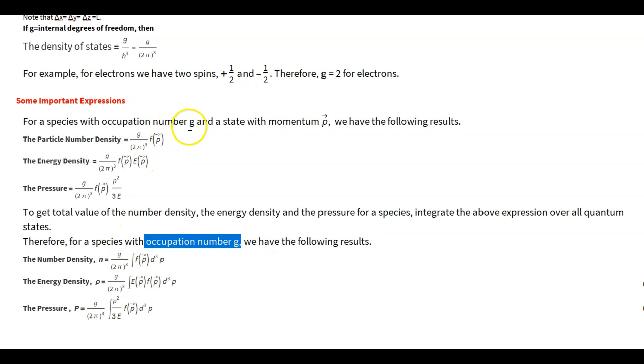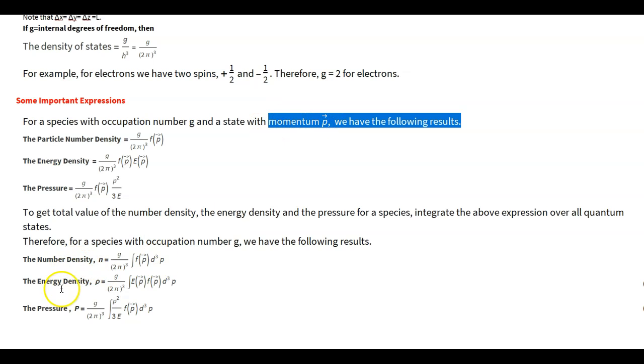So you see the difference. The first three were for one state whose momentum is p, and the next three are summing over all states. Summing over all states, we are integrating this expression with respect to p, and p is three-dimensional.